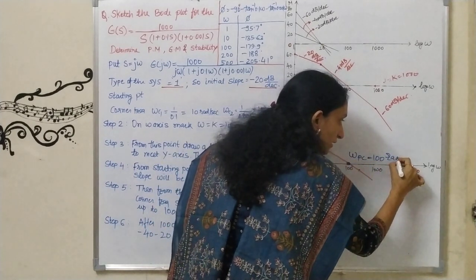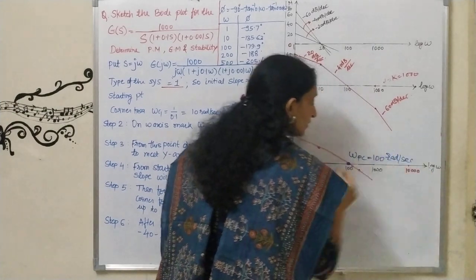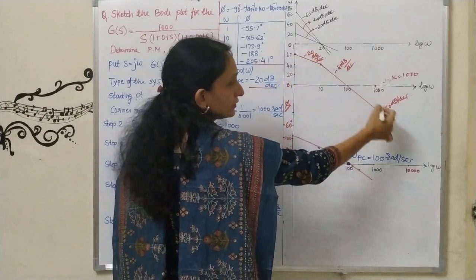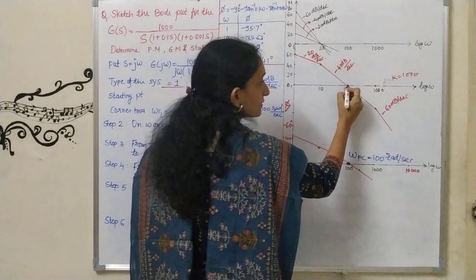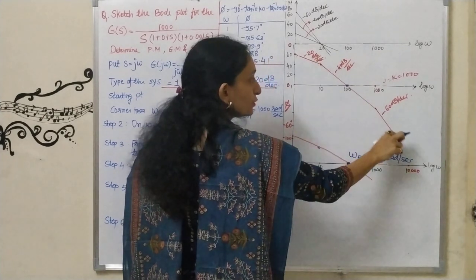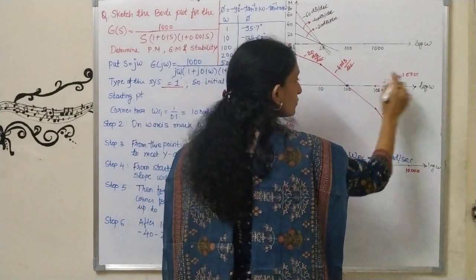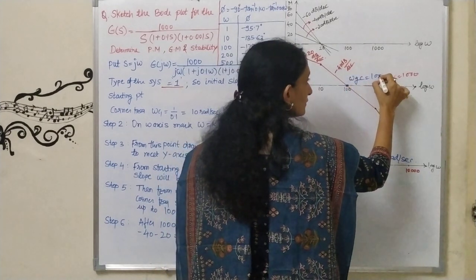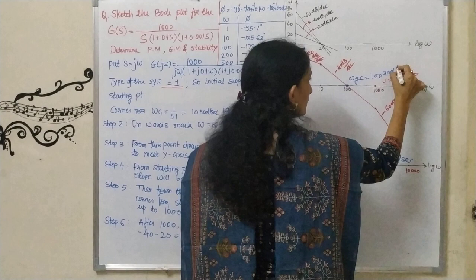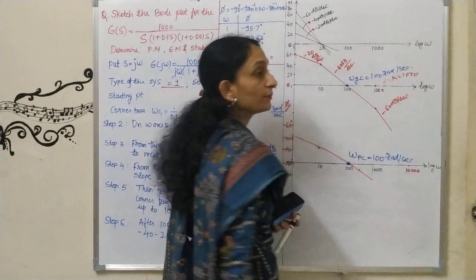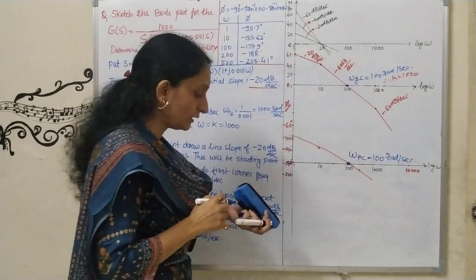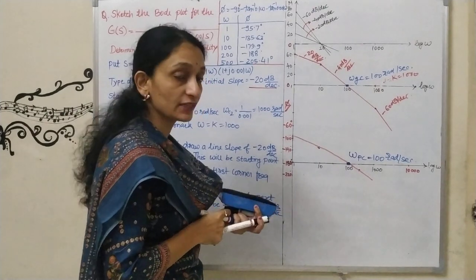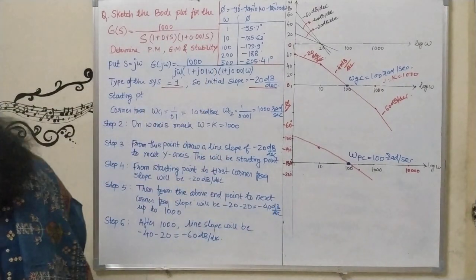So this is 100 radian per second. Okay, what about this omega GC? Look at this. This magnitude plot is intersecting 0 dB line at again 100. So I am writing omega GC as 100. Okay, so please remember, when omega GC is equal to omega PC, what will you say? The system will be marginally stable, and in that case phase margin and gain margin will be 0.